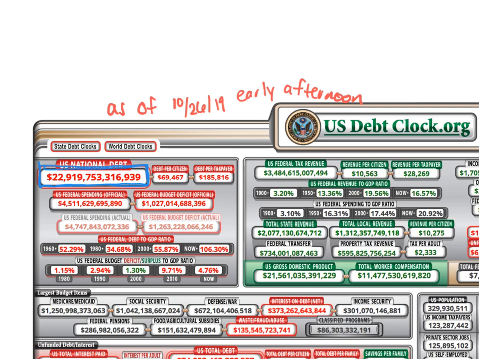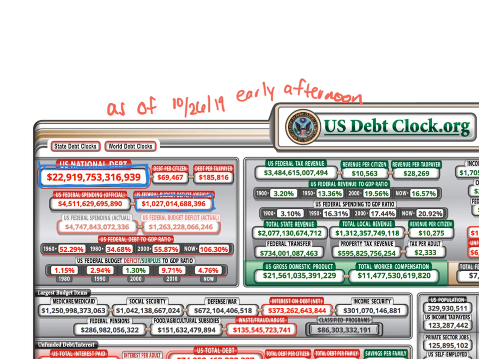Which works out to a debt per citizen of $69,467. And so we can also see here that the federal budget deficit currently is about $1.03 trillion right here.